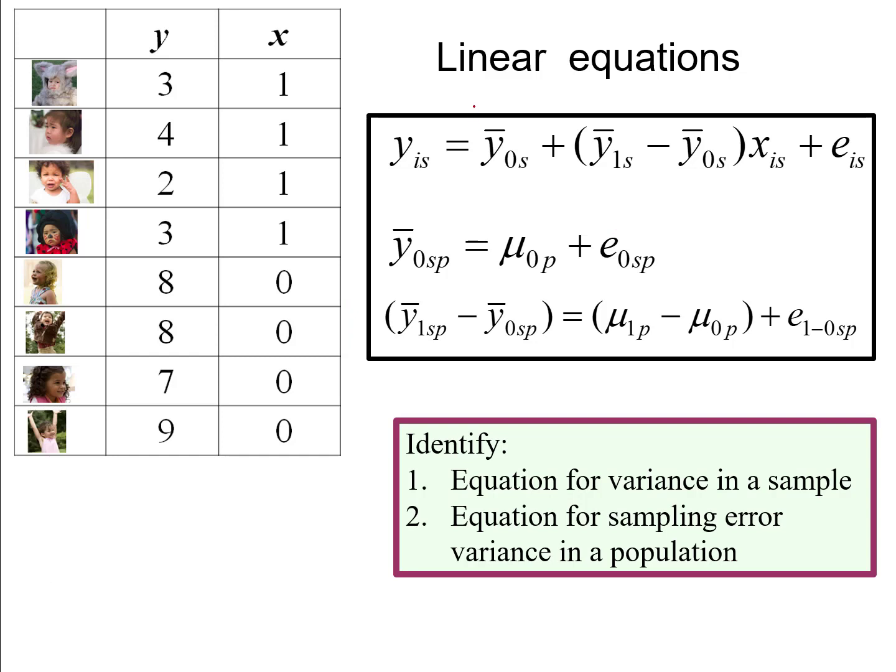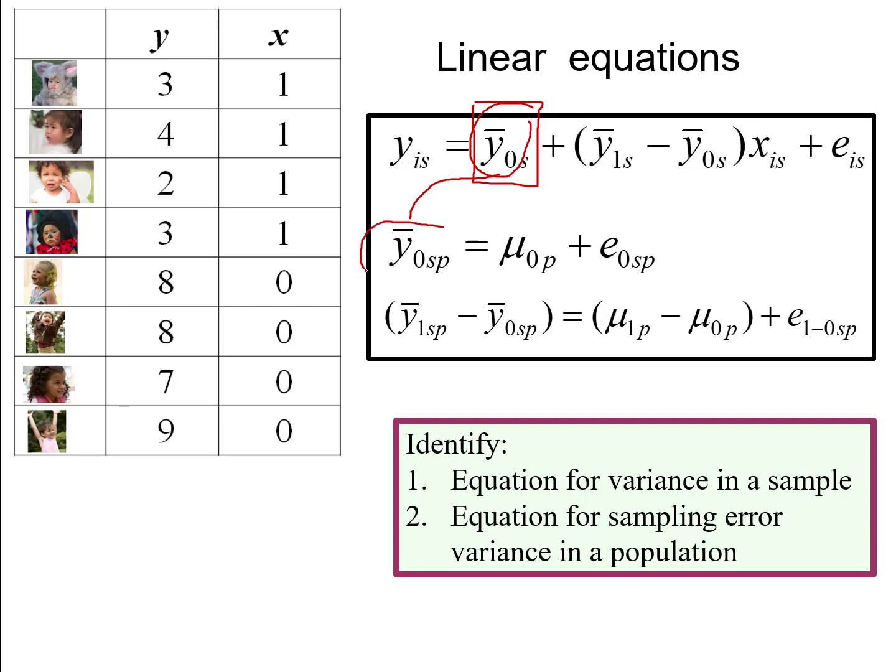So let's see what we have here. In our top equation, the equation for variance in a sample, the first parameter estimate we had here was for the mean for group 0, the mean for our control group. And so I'm going to take this parameter estimate and pull it out and make it the thing that gets predicted in a sampling error variance equation.